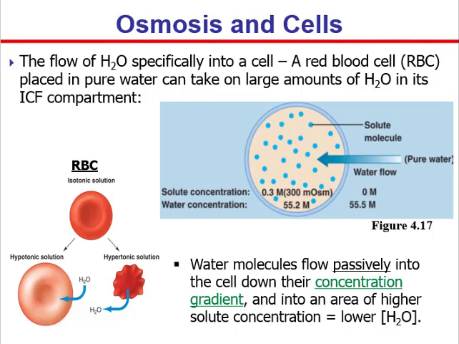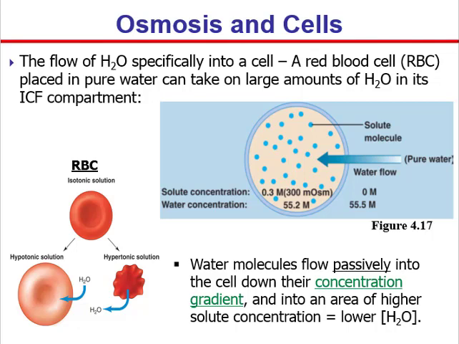So when you put a cell inside of pure water, there's no electrolyte or ion concentration in pure water. You have 100% water and maybe 90% water inside the cell, because there are going to be dissolved solutes and proteins inside the cell. Water is definitely going to want to rush in. The opposite is true if the cell loses too much water and then shrinks to the point of cell death.